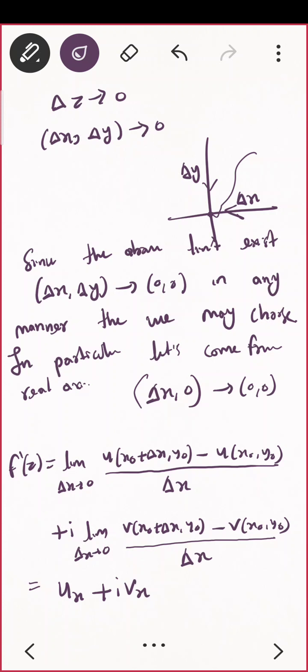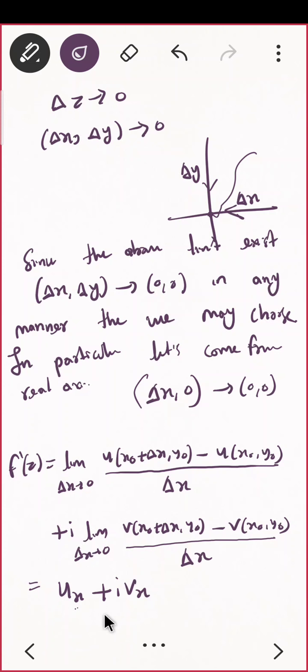Now the question was, if my function is in this form u plus iv, can I have something related to that, so that the derivative will be easy to do? So now we have that the derivative is just partial differentiating u with respect to x plus i times partial differentiating v with respect to x. So the answer will be f dash of z is equal to u x plus i v x, correct?